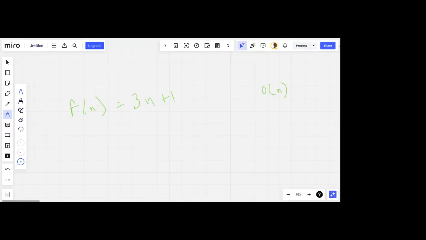Yes or no? That is what we discussed right now, that we can say this is big O of n, right? Because we can find c is equal to 4, and for 4 it will always be greater than 3n plus 1, right?